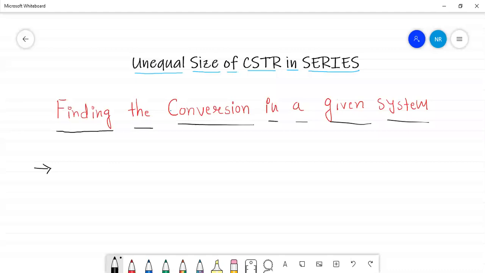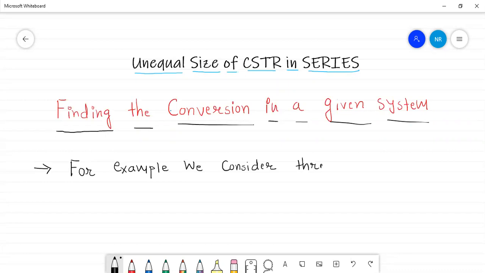For example, we consider three MFR or CSTR, both the same name, in series. And all three are in different sizes. They are not the same size.